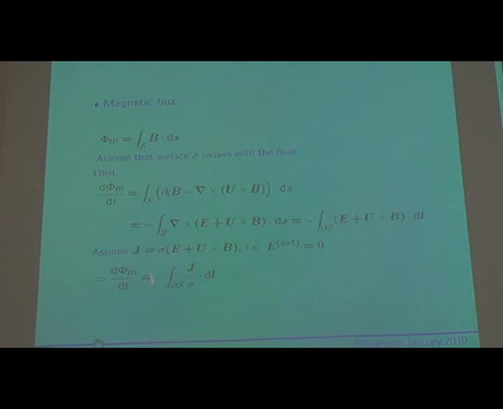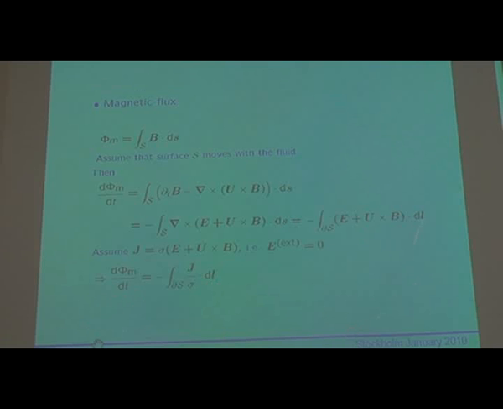And if you use Ohm's law in this form, you see that the time derivative of the magnetic flux through the surface is just an integral over the rim of this surface of minus J over sigma times dl.